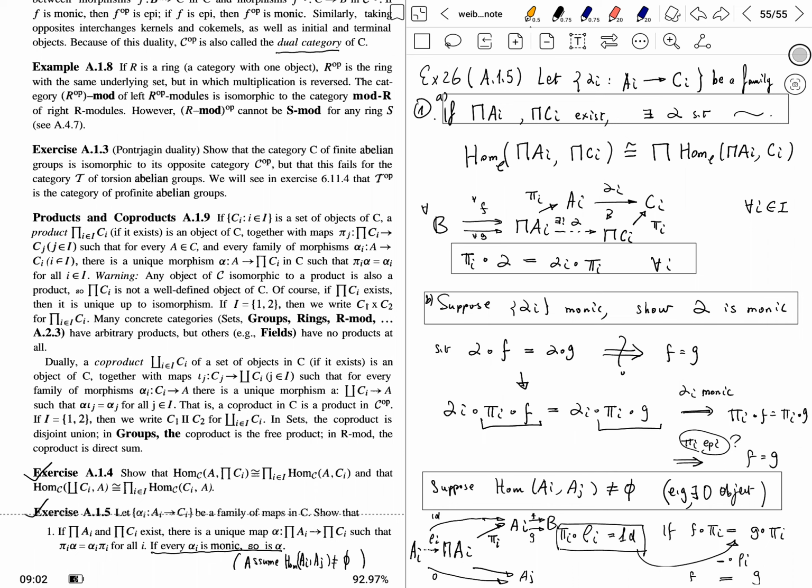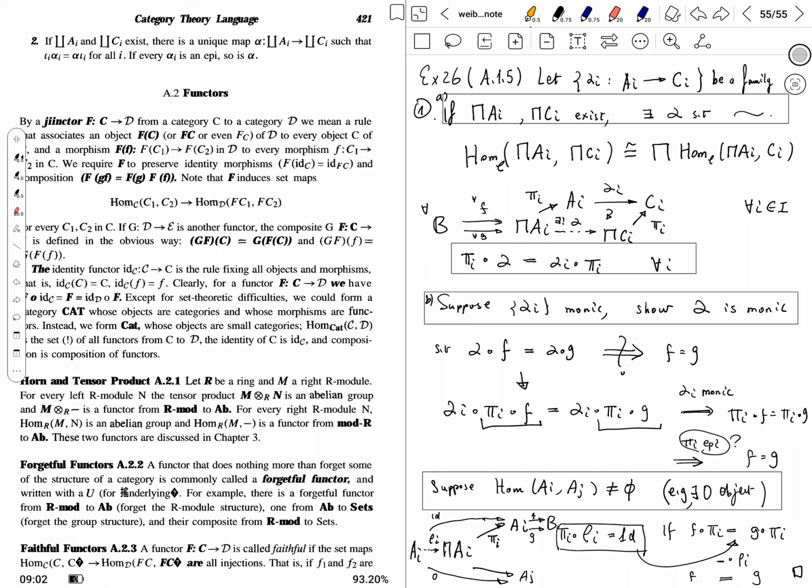That shows pi_i is an epimorphism, and so we prove f equals g: preserves monicness. This finishes the first part of the exercise, and exactly the duality gives you the second part of the exercise.